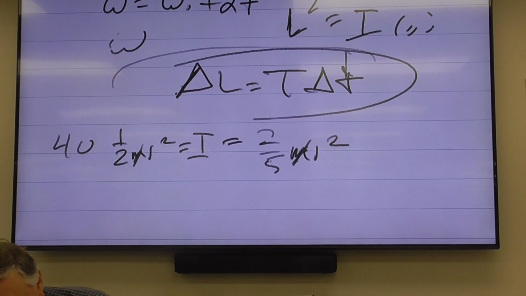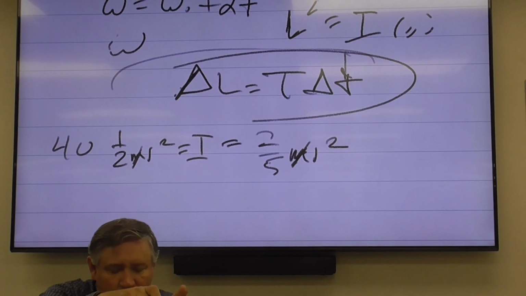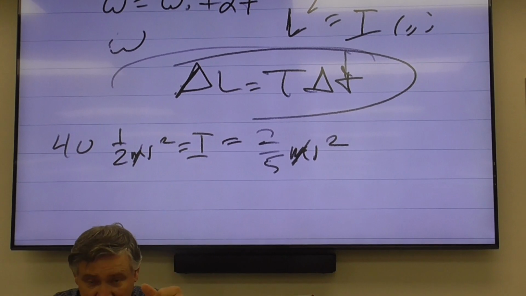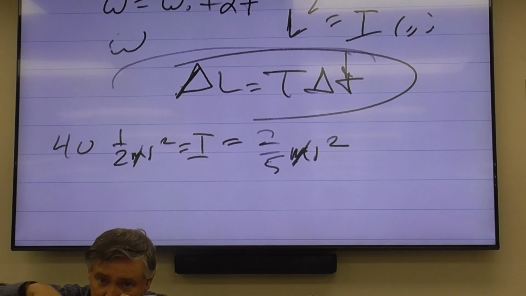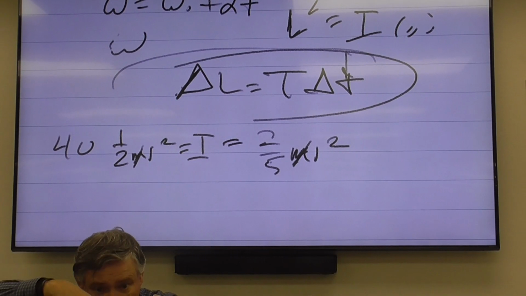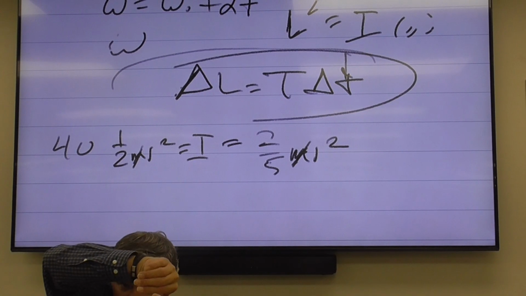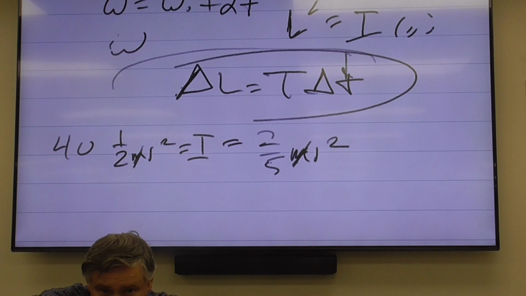So remember the right-hand rule. Let's say you've got this wheel and it's spinning like this. Here's your axis. The momentum vector always points at right angles to the plane of spin. If this is spinning like this, I would wrap my hand like this, and the momentum vector would point into the page.